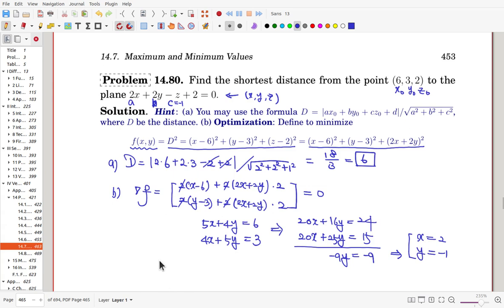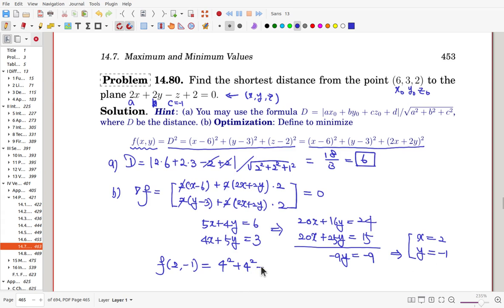So we have to measure the f value at x equals 2, y equals minus 1. Then we get 4 squared, plus 4 squared, and then 2 squared.